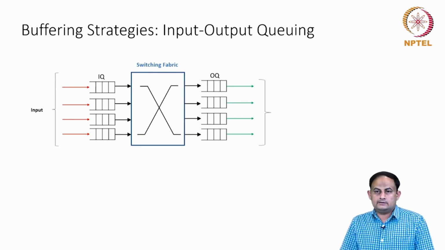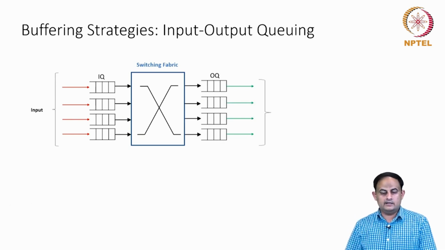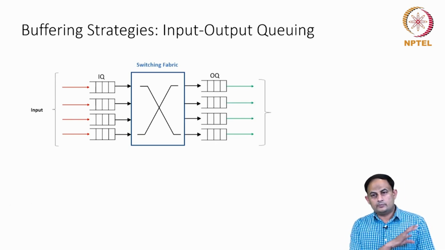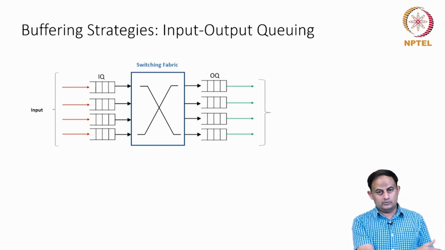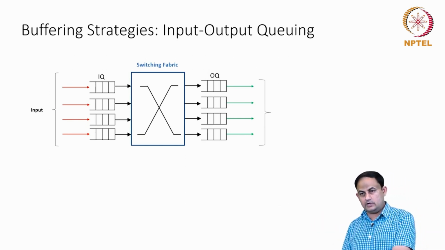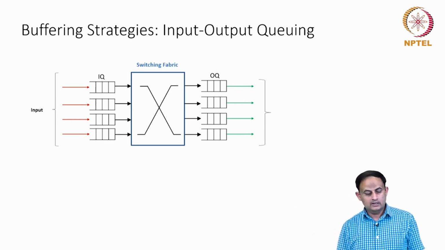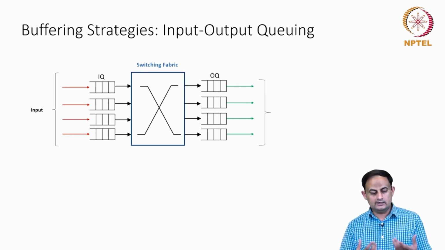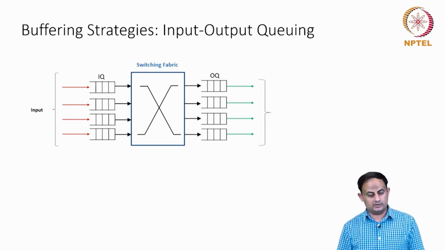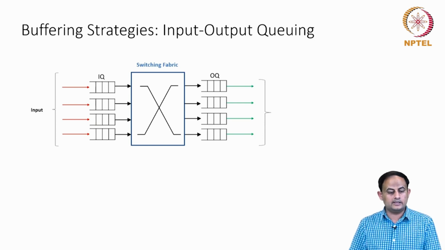The fourth way of looking at the buffering is to place the buffers in both places. You have a queue at the input port, and also a queue at the output port. In fact, in most of the examples that we saw in the previous lectures, we did say that there is an input buffer and then an output buffer. So, here is an example of that.